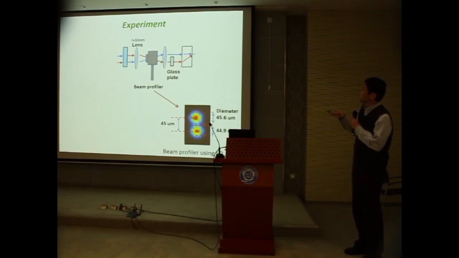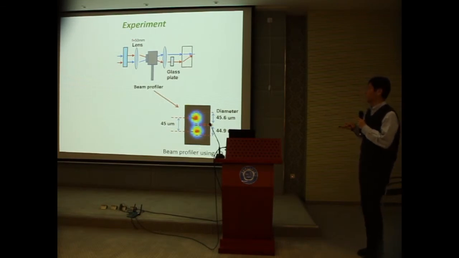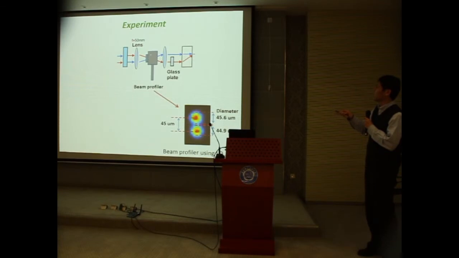And this is the observation at the spot. This is classical light field, but these two beams are focused on the sample with 45 micron diameter of beam, adjacent with 45 micron again.